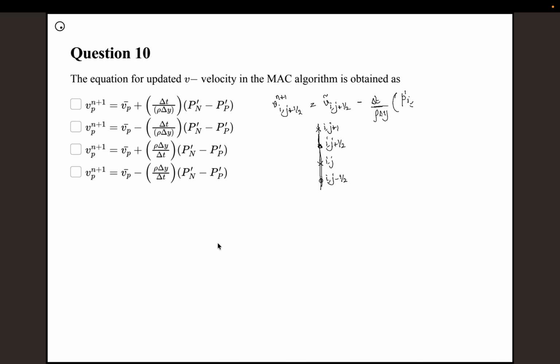So this will be p prime i, j plus 1 minus p prime i, j by delta y, which I already have. So this is the equation that we'll be solving. Essentially we denote this as the P point, which will be my north point. So v i, j plus half will be Vp bar. This is the corrected velocity, this is the provisional velocity that we are having, minus delta t by rho delta y times Pn prime minus Pp prime. This is how we obtain the velocity at the next time step.